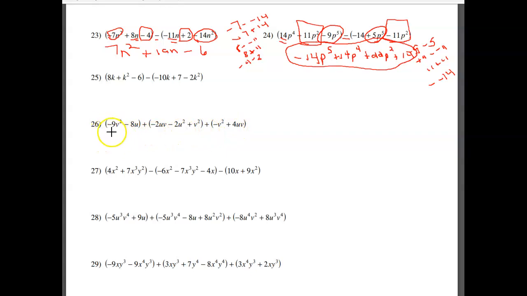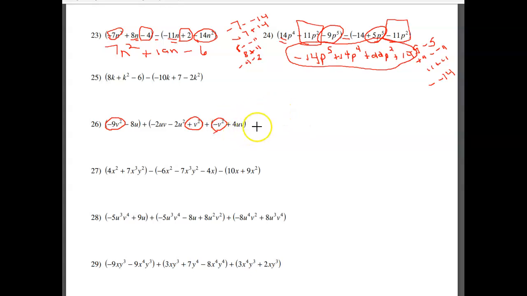So let's try number 26. So we've got a v squared here, and just looking, there's a v squared here, and then there's a v squared here.